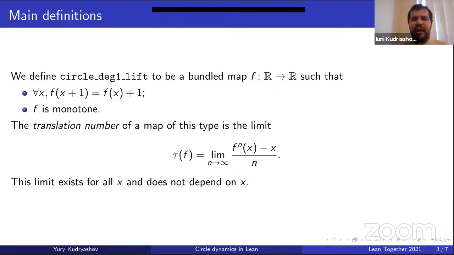More or less, this number answers the following question. You have a monotone map from the circle to itself, so the simplest example is a rotation, and now you have something which maybe is a rotation written in bad coordinates, or maybe is not a rotation at all.